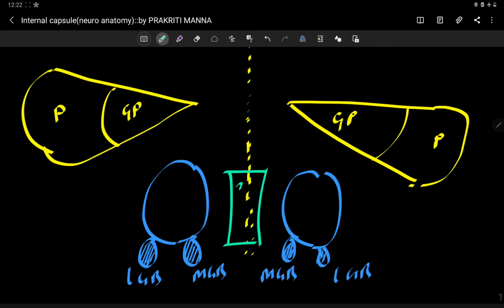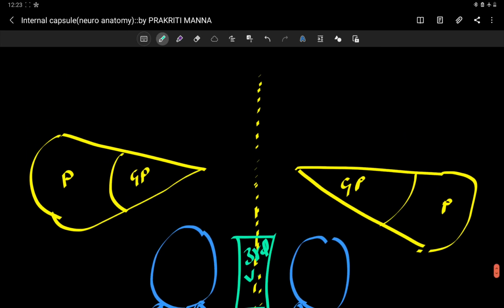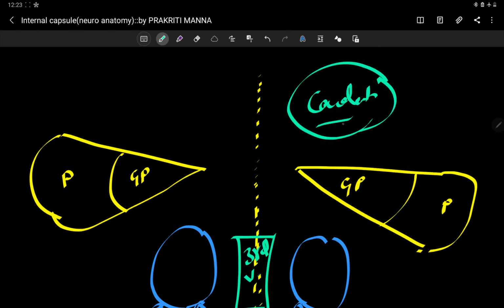What is this? This is your third ventricle. Now you can see the head of the caudate nucleus here.